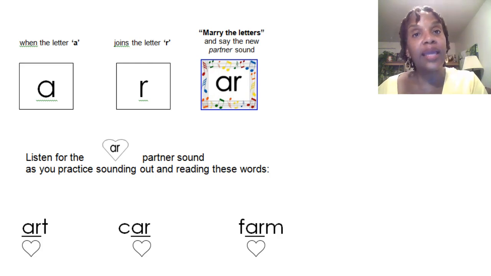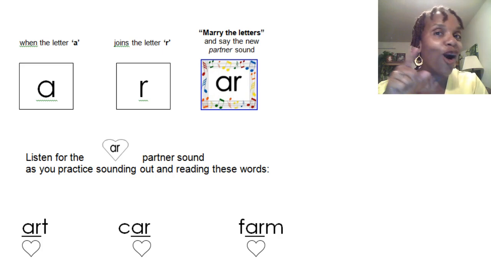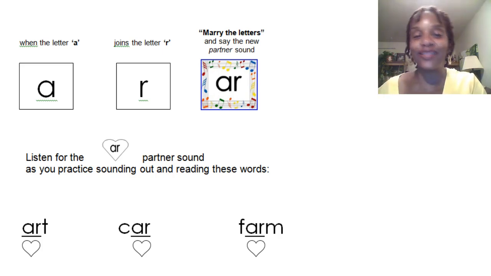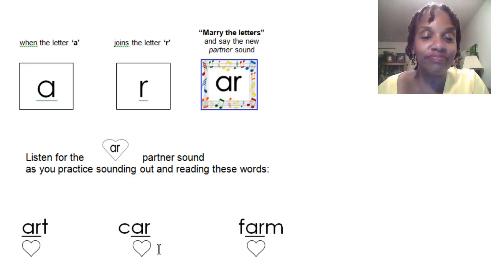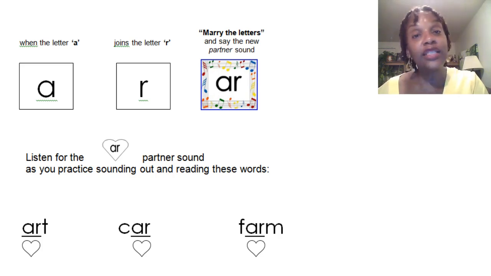Do you like to draw and paint and cut and paste? If so, you like art class. Art. Next word. Car. You say it. Car. Do you like to go on long car trips?